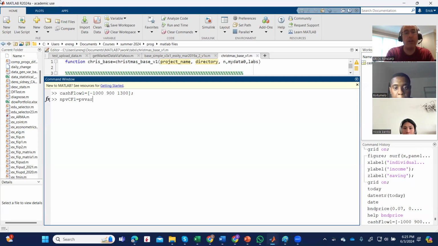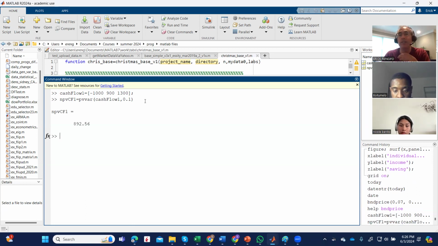And then we simply enter the cash flow that I defined here, and then my opportunity cost, which we said was going to be 0.1.